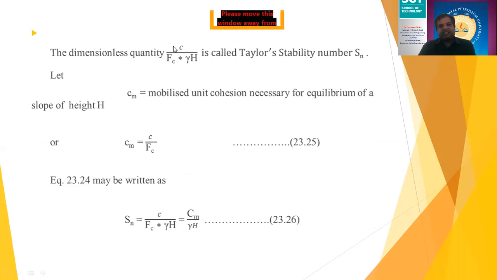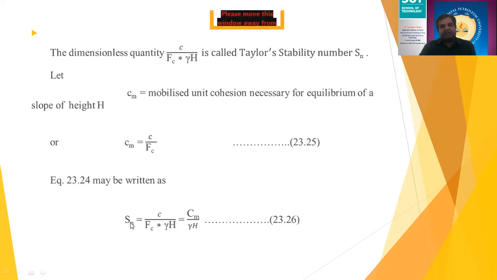If I convert this particular equation into the mobilized form of cohesion: once the slope is going to fail, at this condition, the cohesion of the slope will be converted to the mobilized cohesion. In such cases, Cm is nothing but C upon the factor of safety due to cohesion. Or you can take the factor of safety of cohesion as C upon Cm, same equation.